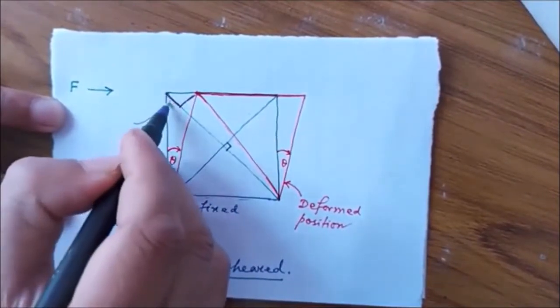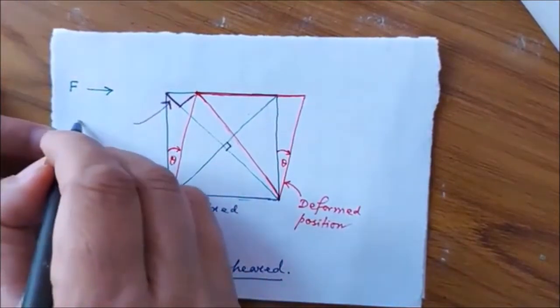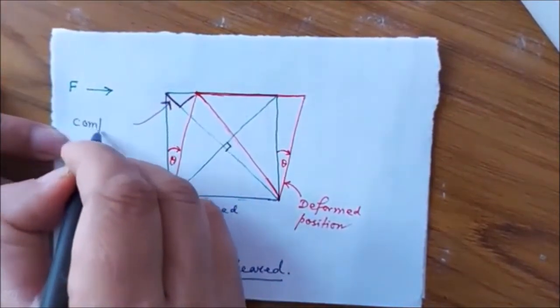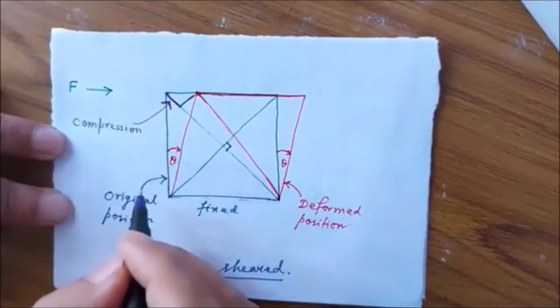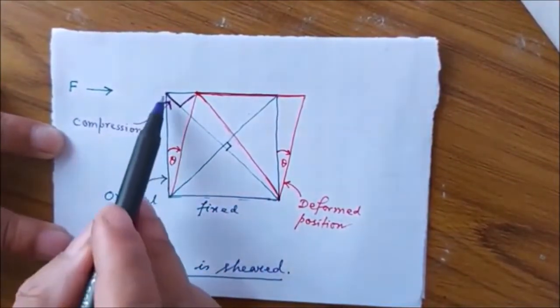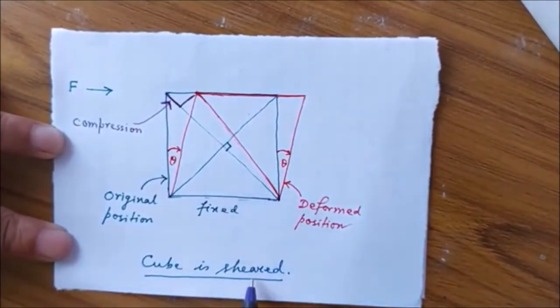This is the compression or contraction which this diagonal suffers as the cube is sheared.